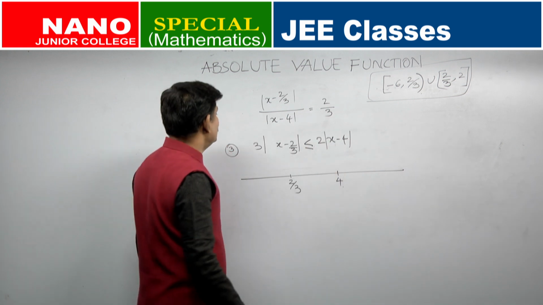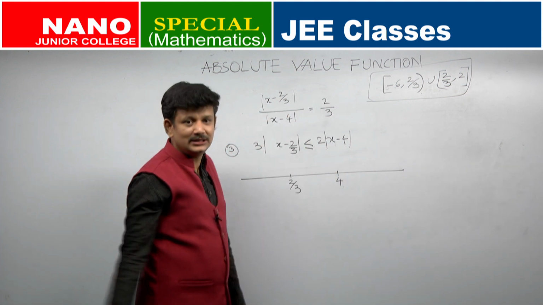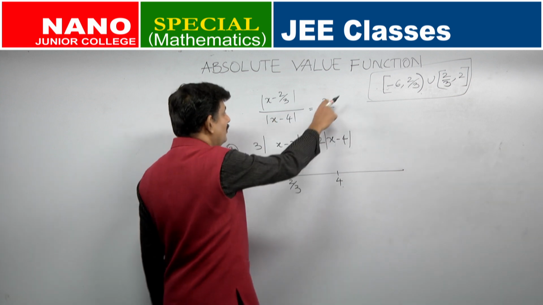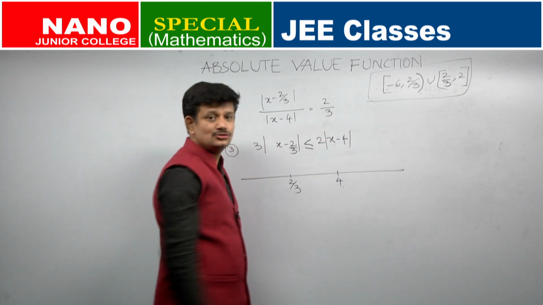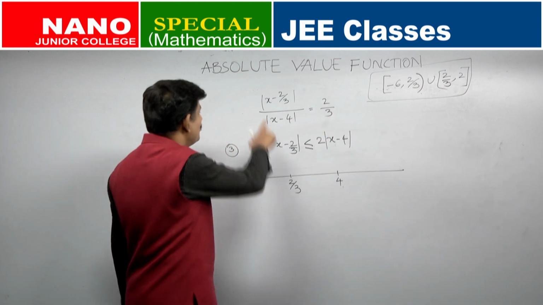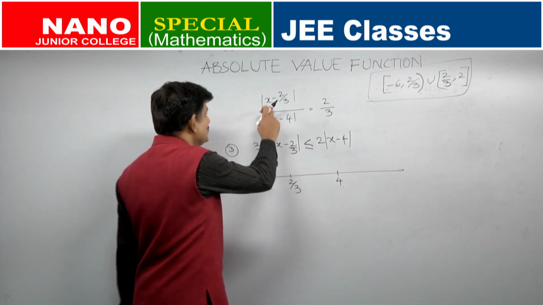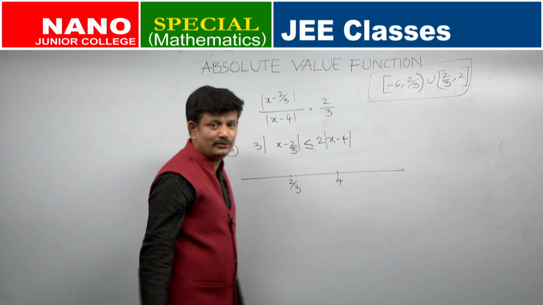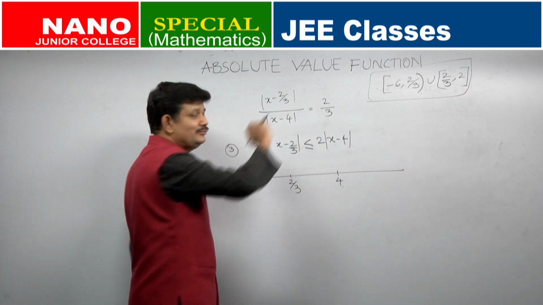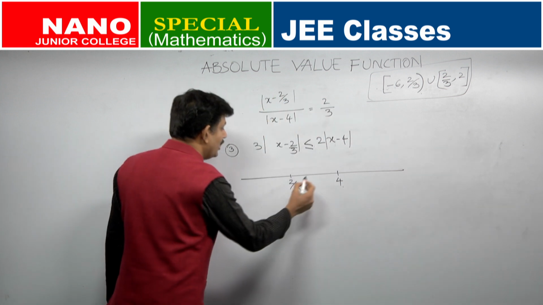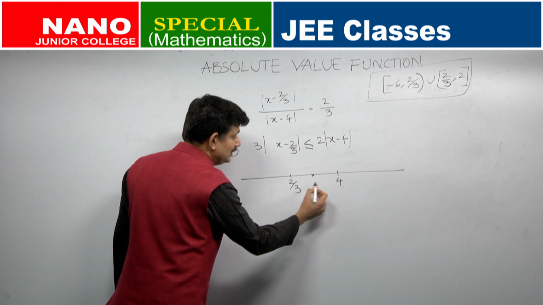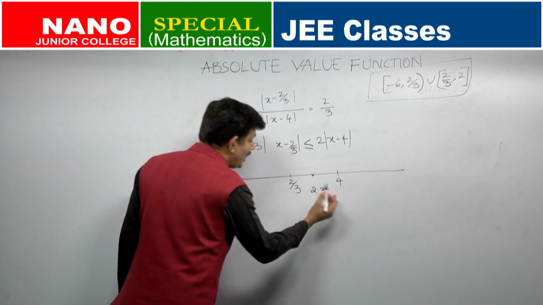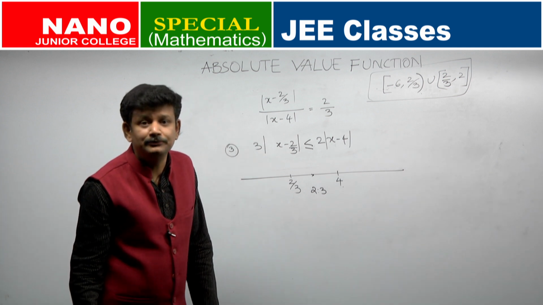What does this mean? Distance of x from 2 by 3 and distance of x from 4 are in the ratio 2:3. So, I am talking about a point whose distance from 2 by 3 is to its distance from 4 in the ratio of 2:3.